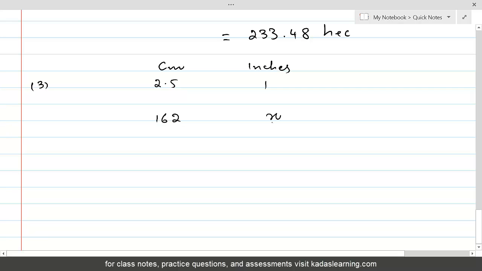We have no idea. Since the ratio in centimeters is the same as the ratio in inches, the ratio of centimeters is equal to the ratio of inches.